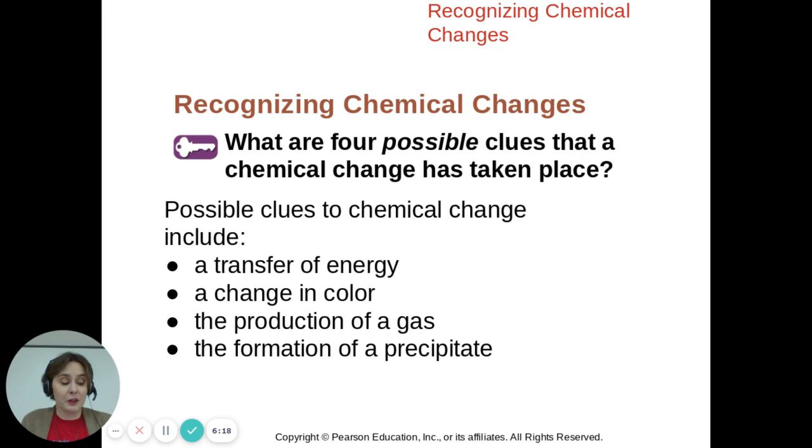A change in color. Not so much that something has the physical quality of having a certain color, but you see the color change. Gas being produced could be bubbles, could be an explosion, which goes along with energy, or the formation of a precipitate. I have a video of that in the Nearpod that we're going to look at. But again, I'm emphasizing these are possible clues.